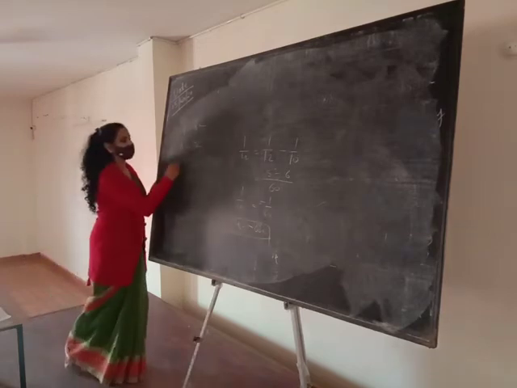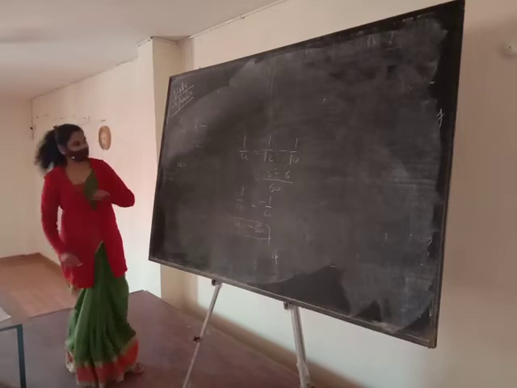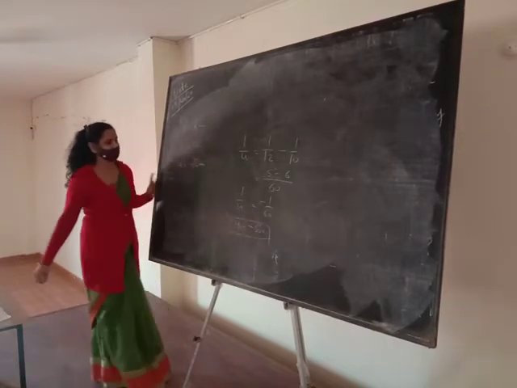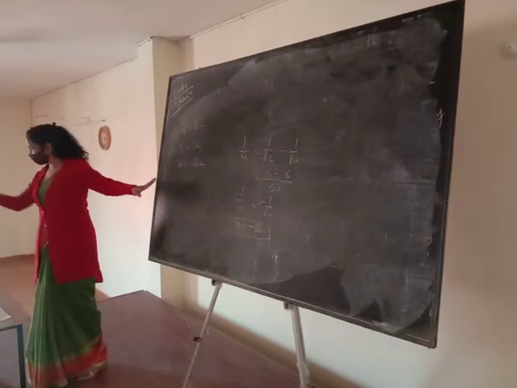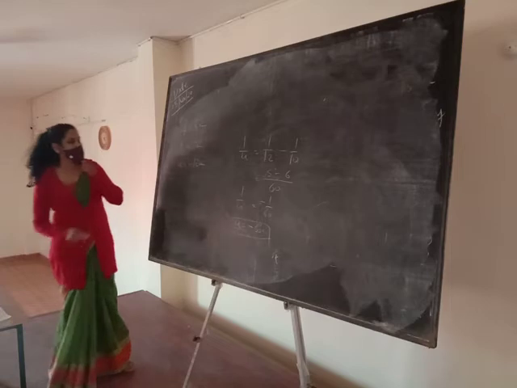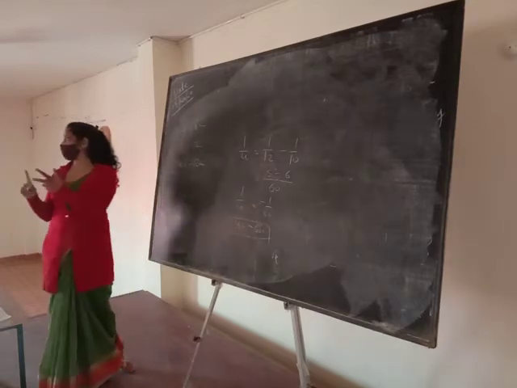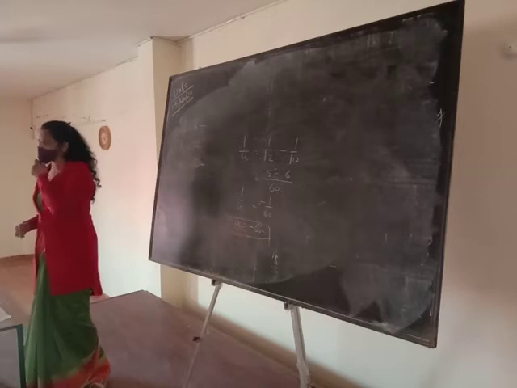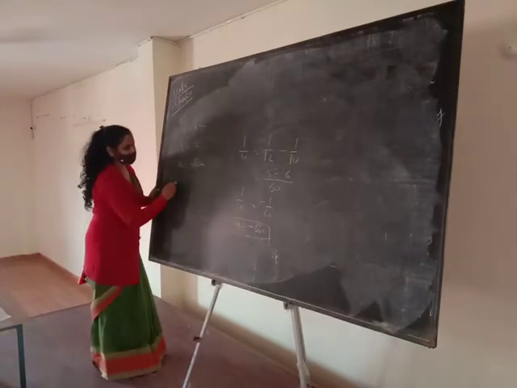And u is how much? Minus 12 centimeter. We know that u is always represented with the negative sign. Now you can use the lens formula to find the value of v, and the magnification formula to find the value of h2. So now I think we have done this question. Okay, good. Now please do this question.